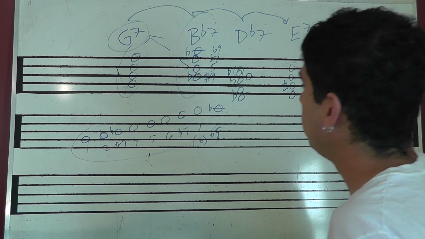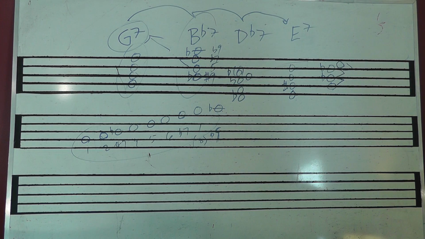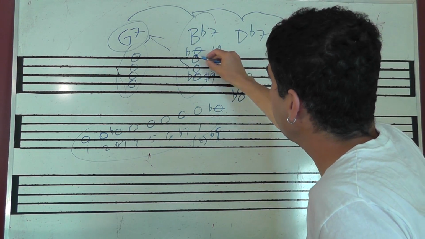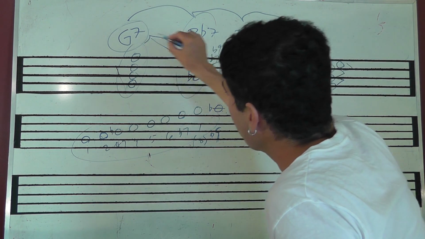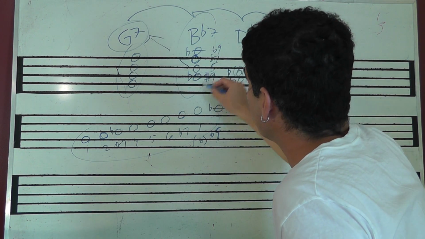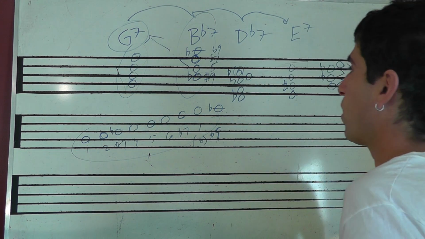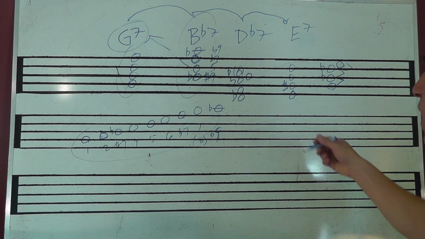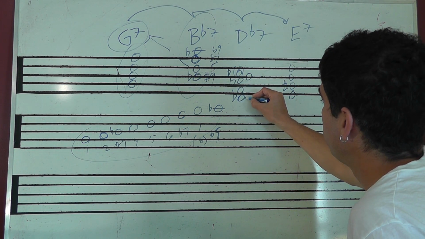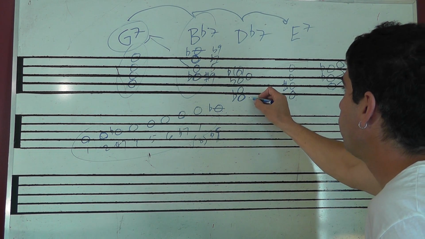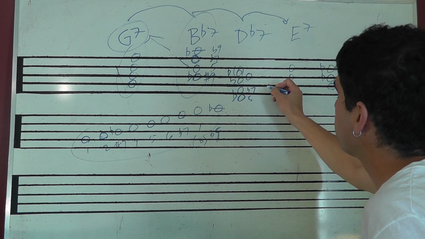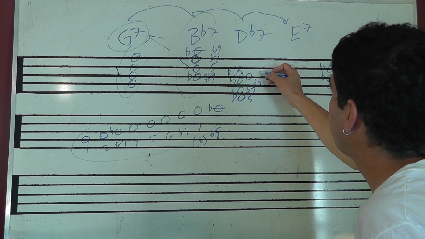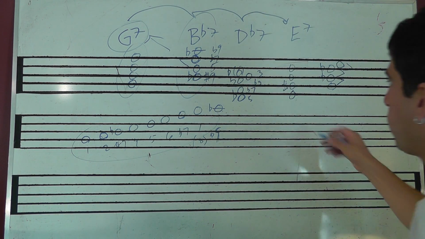So that's why this works really well: you've got two notes that are part of this chord, and then you've got two extensions, flat 9 and sharp 9. So hopefully that all makes sense. If you relate this one to G7, you've got flat 5, flat 7, flat 9, and you've got the third. So this one works really well too.